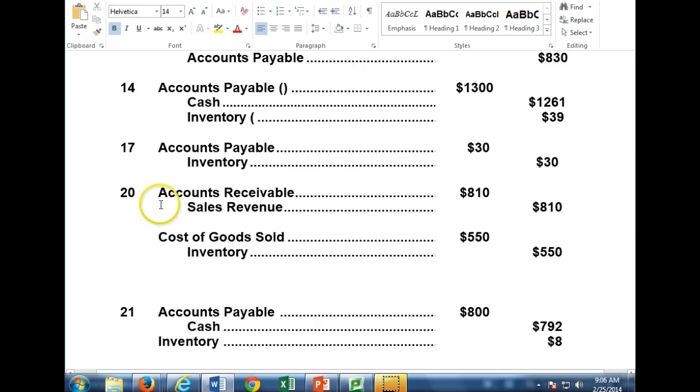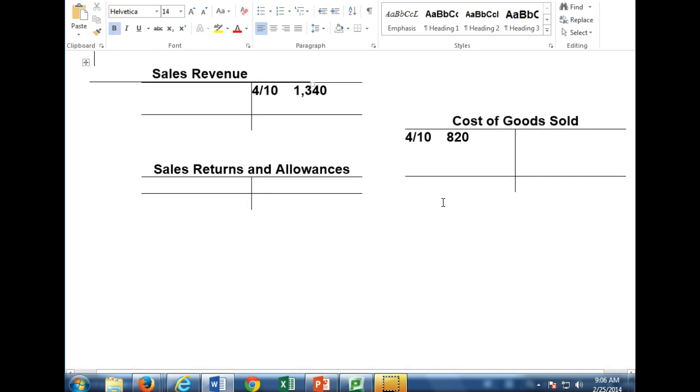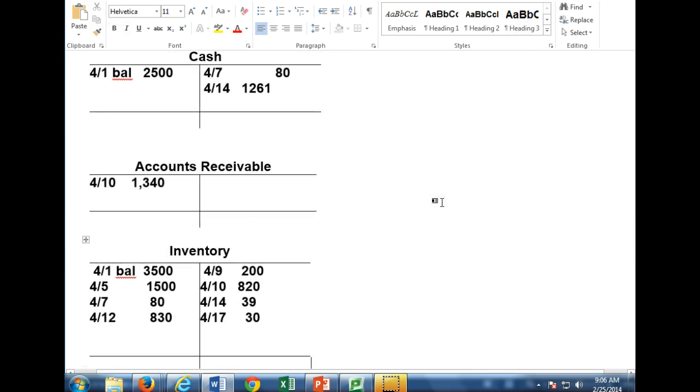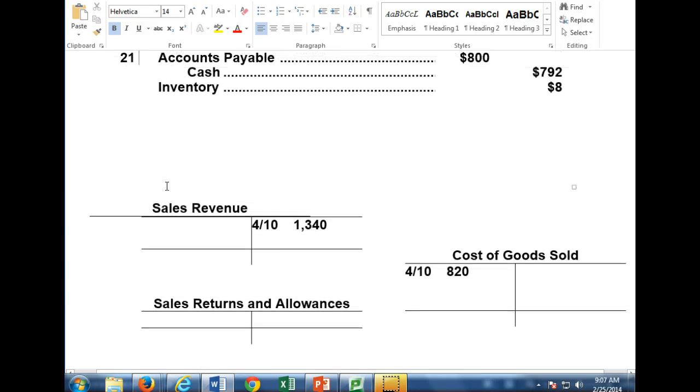On the 20th, we're going to debit our accounts receivable 810, credit sales revenue of 810. So our accounts receivable 810. And what date was that? On the 20th. Do you see how I always put the date in there? And our sales revenue is how much?